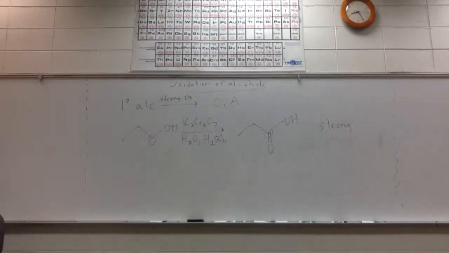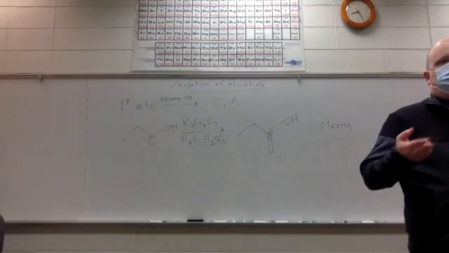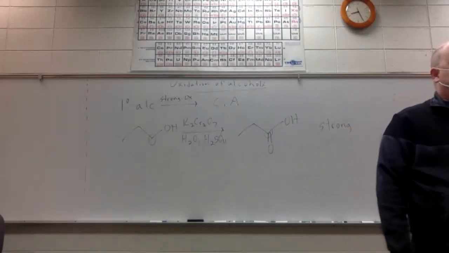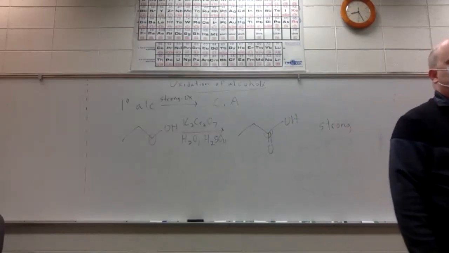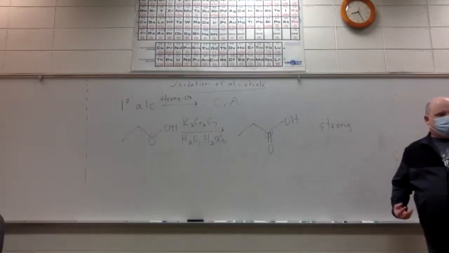Well, let's say you don't want an acid. You don't want a carboxylic acid. You want an aldehyde or ketone. What type of adjustment do you think you'll have to make? What's that? You need to weaken that oxidizer somehow, right? You need something that'll oxidize it, but not so much, right?